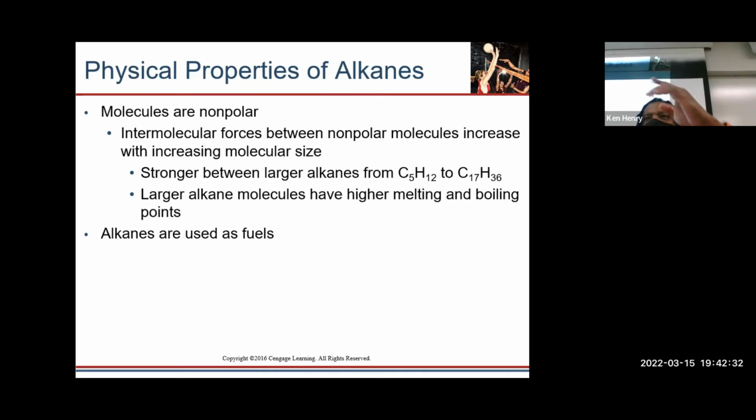The ones that are liquid have more interactions, so they're sticking together more, and that's the reason why they're in the liquid form. The ones that are gas are smaller, so they don't have as much to interact with, and so they're in the gaseous state. A liquid is going to interact more, so the longer we get, we become liquid. And if we get super long, it becomes solid.